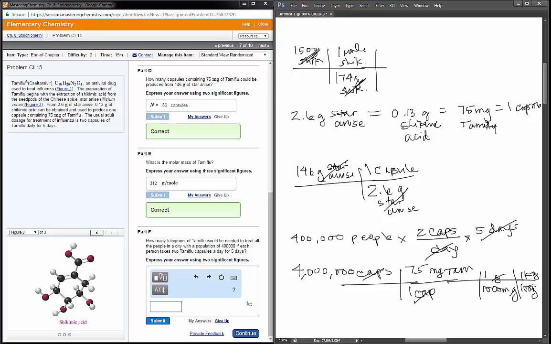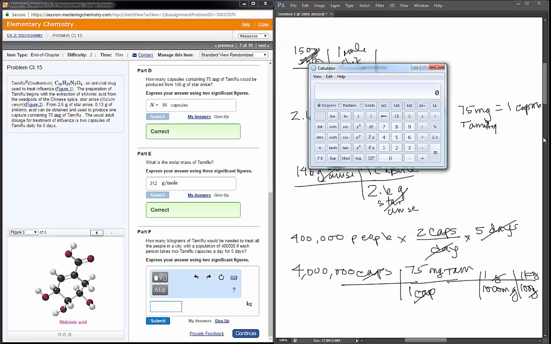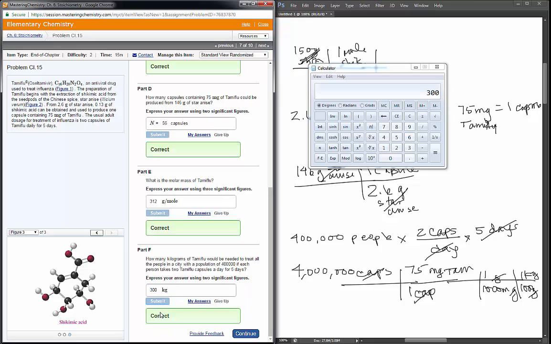If I set that up thusly, then I will get units of kilograms, which I want. So we have 4 million capsules multiplied by 75 milligrams of Tamiflu per capsule, divided by 1,000 milligrams in every gram, and divided by 1,000 grams in a kilogram, and that gives me 300 kilograms of Tamiflu that would be required to treat that one city with a small population of 400,000.